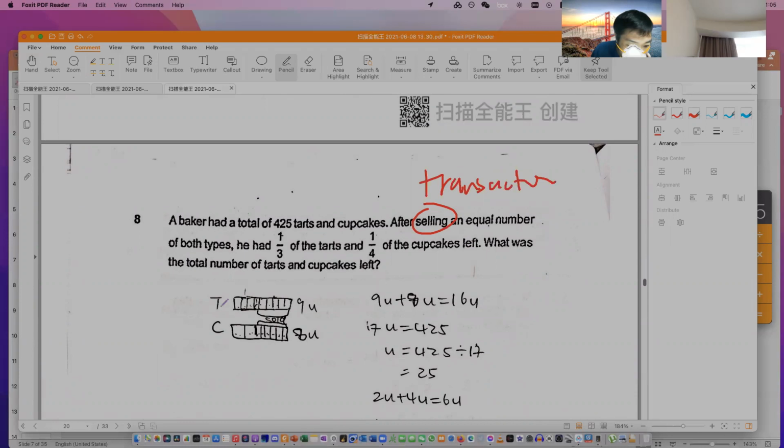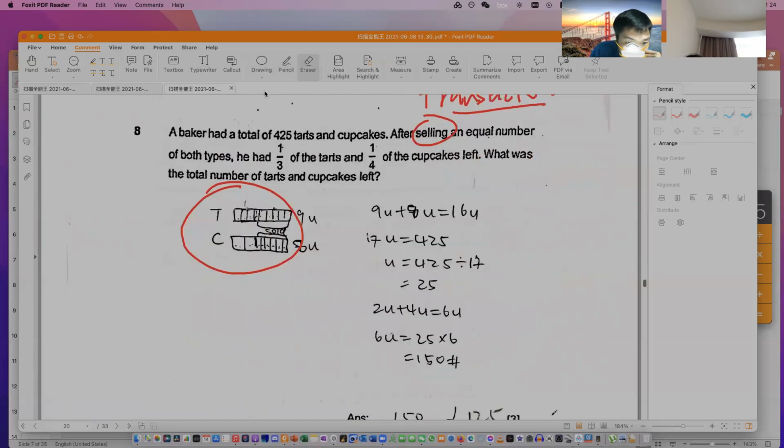Of course you can make use of this model, but if you were to use the branch method, transactional branch, so you have 425 together. So let me just quickly use the branch method to demonstrate to you. You could have used the branch method.